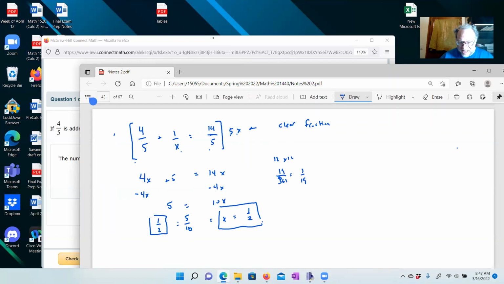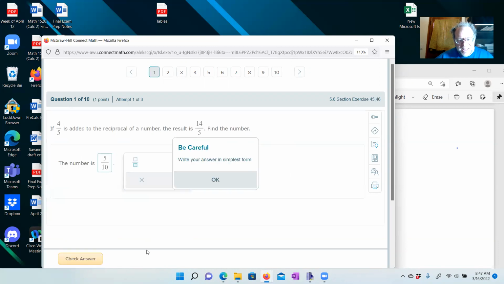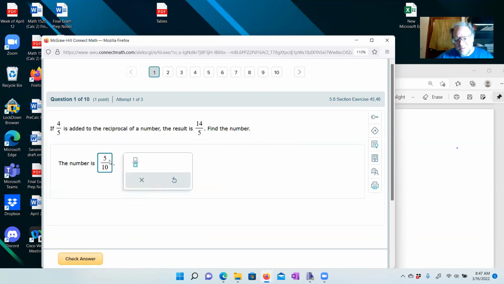You don't have to do that. But if it's within your 12 by 12, or a really easy one like the 10 times tables, you should reduce. So half. And if you type in 5/10, it'll get mad at you. Be careful, and wait till you're in simplest form.